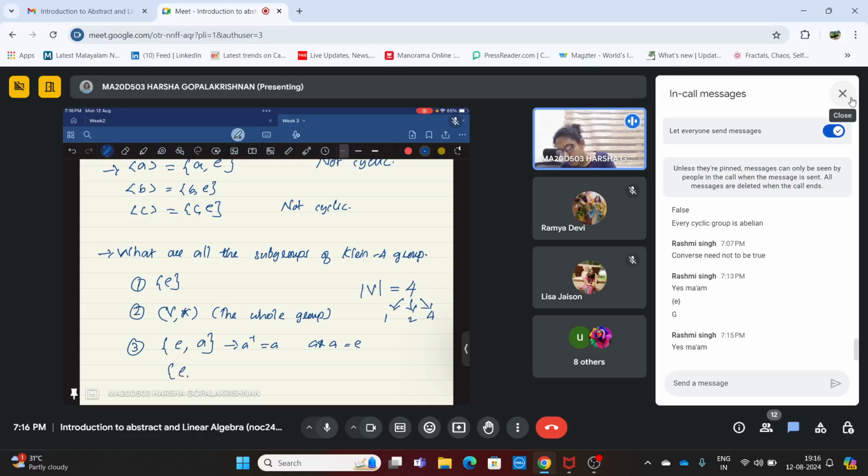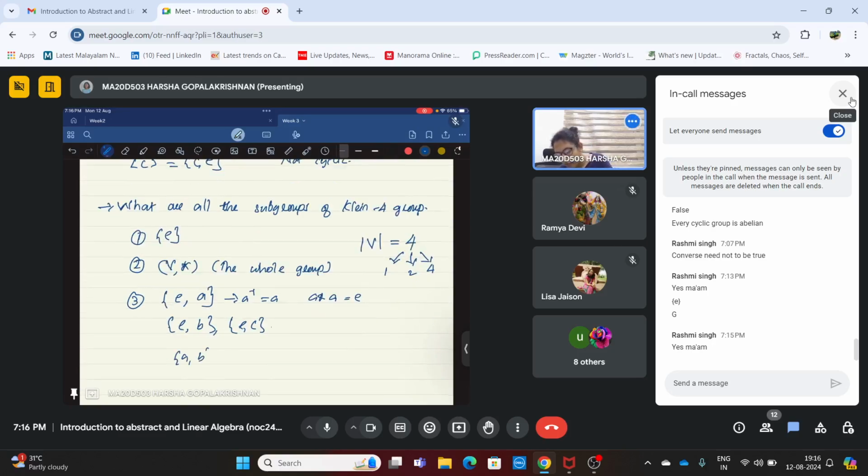In the same way, E B, E C. So these are all the possible subgroups. Other than that, is anything possible? If I am taking A B, it is not a subgroup, right? Because the identity is not there. I cannot take any other possibility. So these are all the possible subgroups of the Klein-4 group.